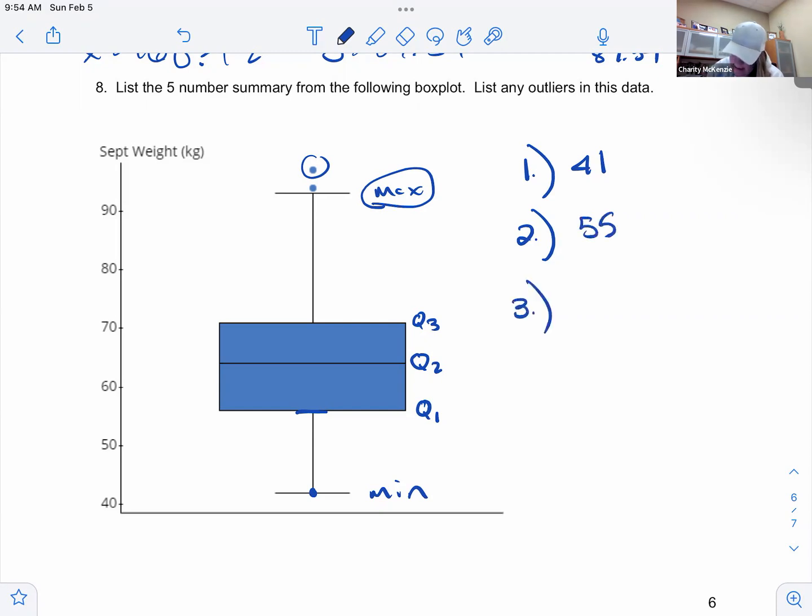Okay, 3 is... 1, 2, 3 is the median. I don't know, maybe 64, 63, somewhere around there. And then Q3 is going to be, looks like about 70. If you had to do these exact, it would be better. It'd be easier to tell, but, and then the last one, the max, is going to be at whatever this would be considered, what, 100.